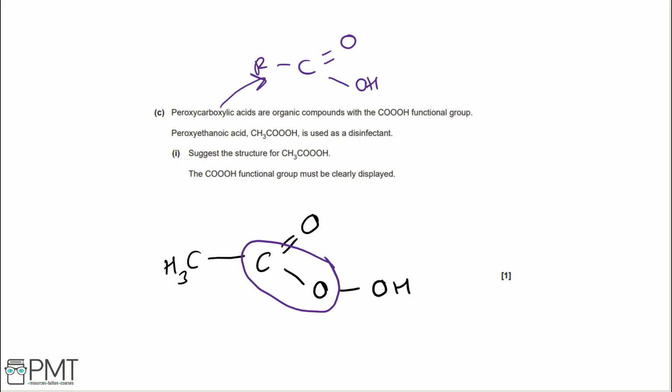For this question, you need to draw the structure completely correct, having the carbon-carbon bonding together rather than carbon-hydrogen, as I've drawn H3C rather than CH3, and having the hydrogen bonding to the carbon, because that wouldn't work. So making sure we've got this whole thing correct will get you the mark.